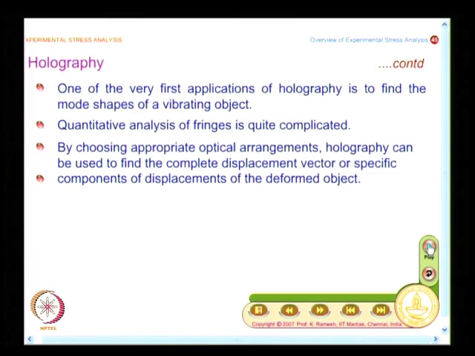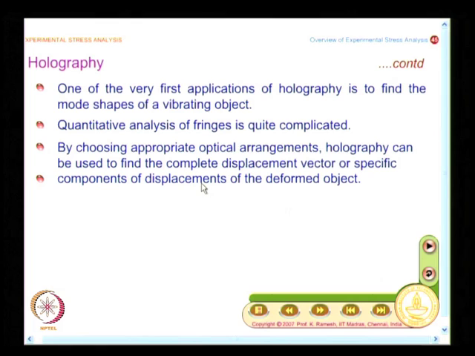But what is the way that we can circumvent this? If I choose appropriate optical arrangements, holography can be used to find the complete displacement vector or specific components or displacements of the deformed object. So, this is what I said. First identify what is the problem.